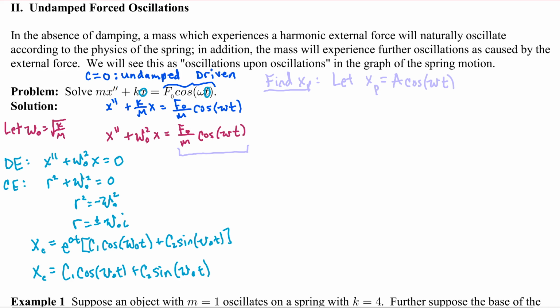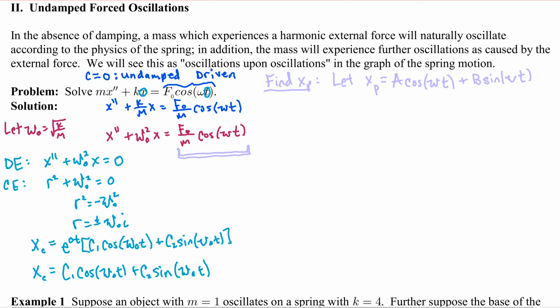Now, in general, if you'll recall, we want to make sure that we include all of the linearly independent terms that are included in our non-homogeneous term plus its derivatives, right? So in general, we would add a B sine of omega t over here.